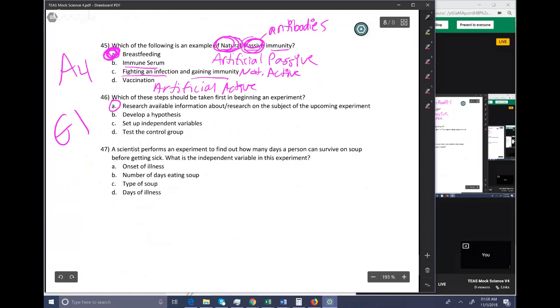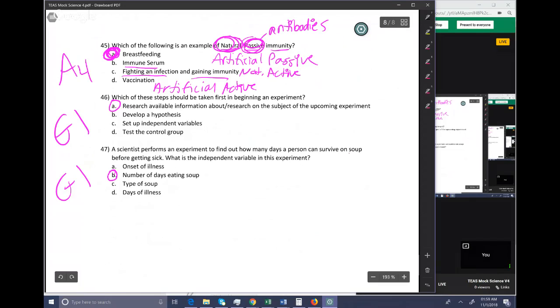A scientist performs an experiment to find out how many days a person can survive on soup before getting sick. What is the independent variable? Also General Science 1. So the independent variable, remember, is the thing that we change on purpose. And then the dependent is the thing that we measure as a result of the independent being changed.